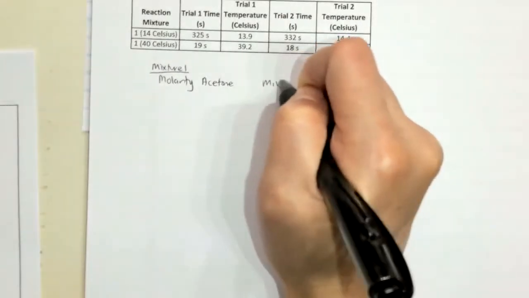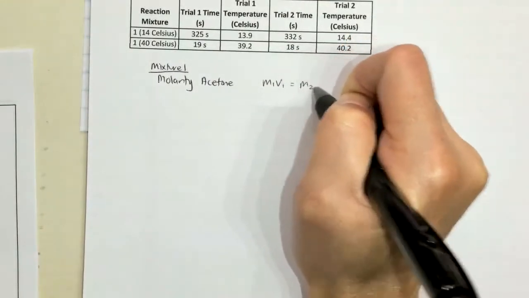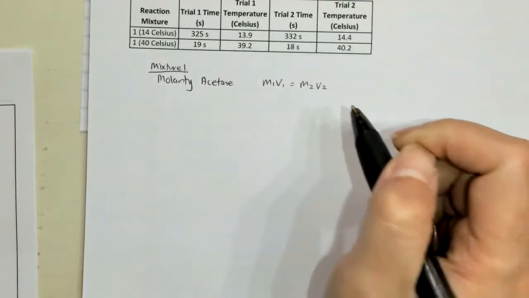I know that my formula is M1V1 equals M2V2. So my original molarity was 4, my original volume was 10, and my new molarity is what I'm trying to find.